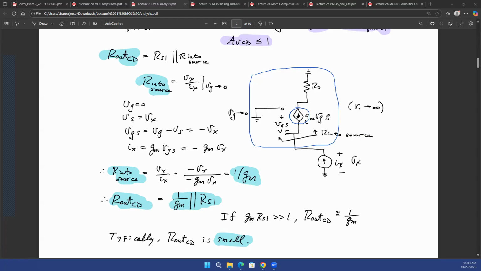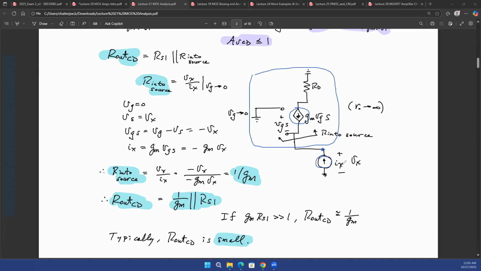So the gm VGS current will remain. Although your gate is connected to ground, so the gate voltage will become zero, the source voltage is non-zero, and that is the voltage developed if you put an IX current source over here. At the top terminal of that IX current source you'll develop a VX voltage, and VX over IX will give you the resistance looking into the source terminal.